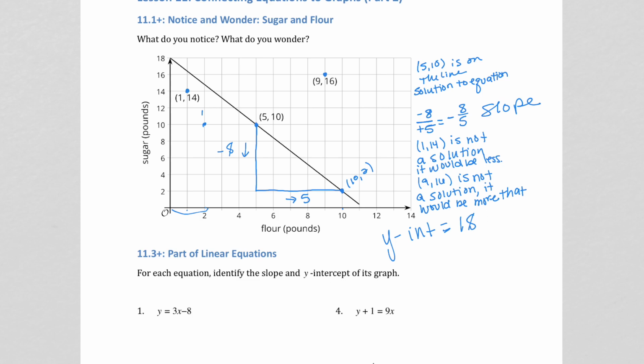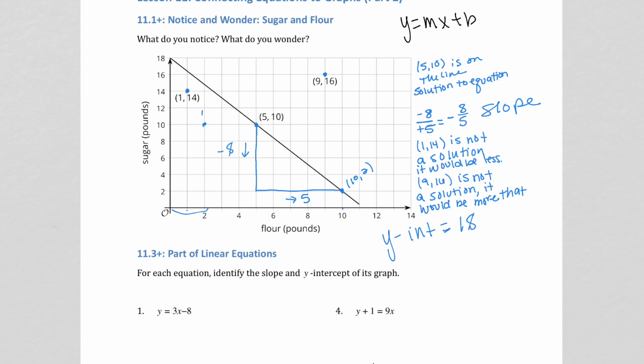What would my equation be from my slope and my y-intercept for this line? What's the letter that represents slope? Isn't it y equals mx plus b? So that's the equation I'm going to go off of. Is slope my m or my b?